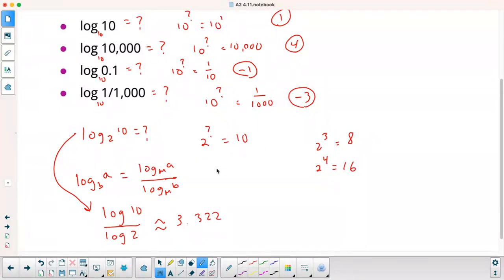So if I tried it up here, 2 to the 3.322, let's see if I get close to 10, which I should. Sure enough, yes, 10.0005. I'll round it to 10.